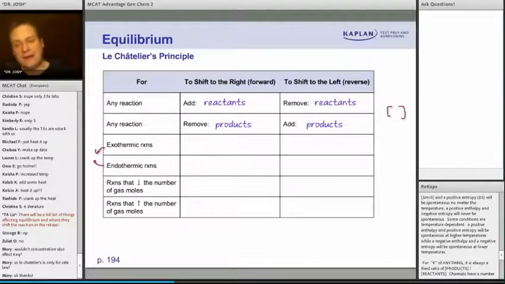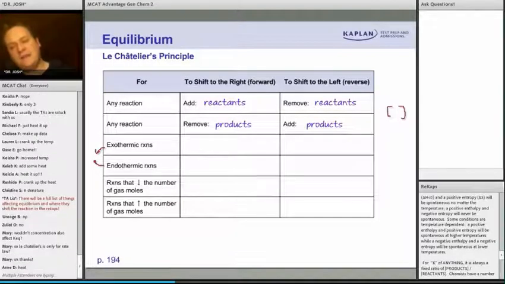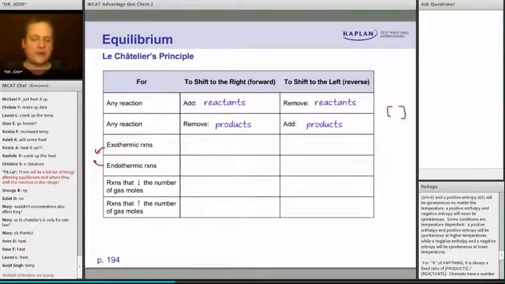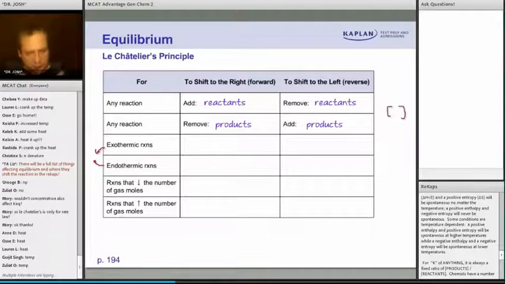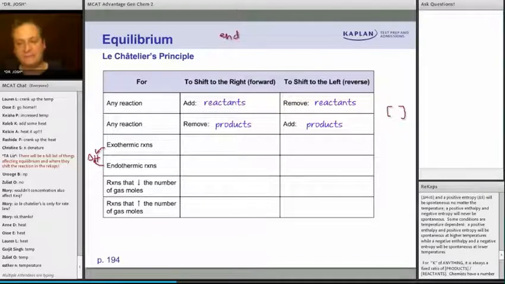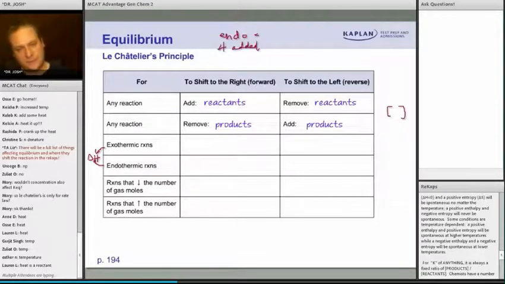Now, exothermic and endothermic, what do you think is the easiest thing for us to tether exothermicity and endothermicity to in terms of a reaction? Heat, delta H. Look at enthalpy. Think about an endothermic reaction where heat has to be added.